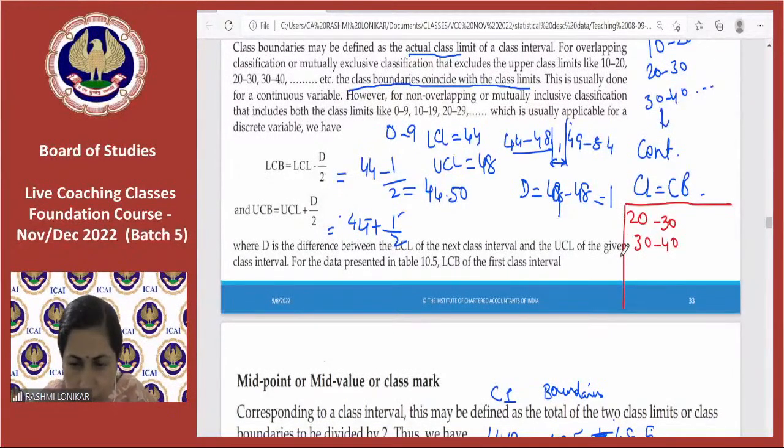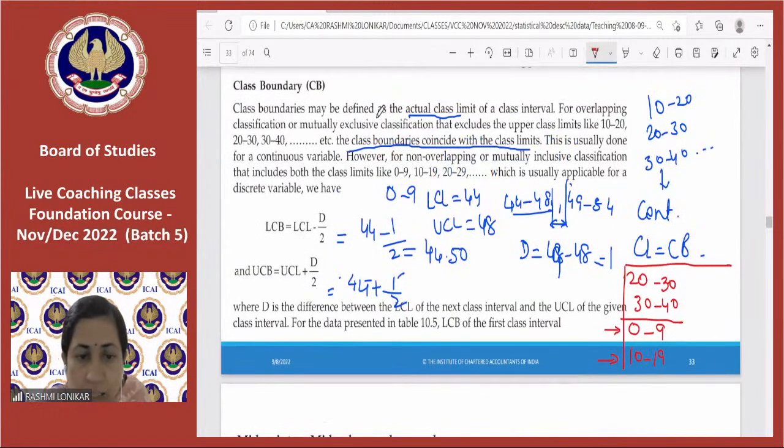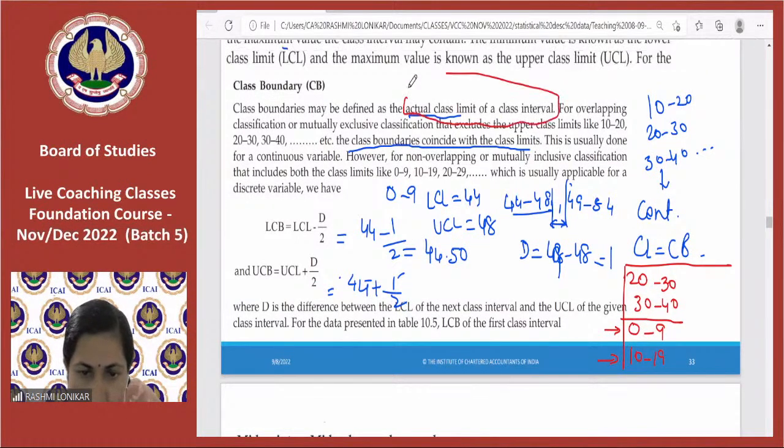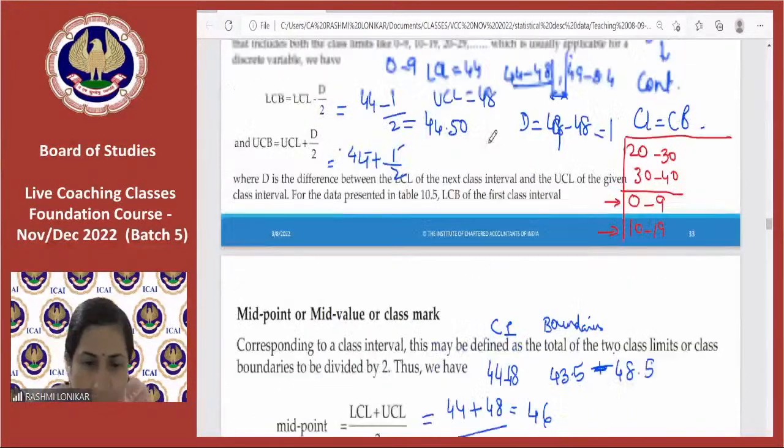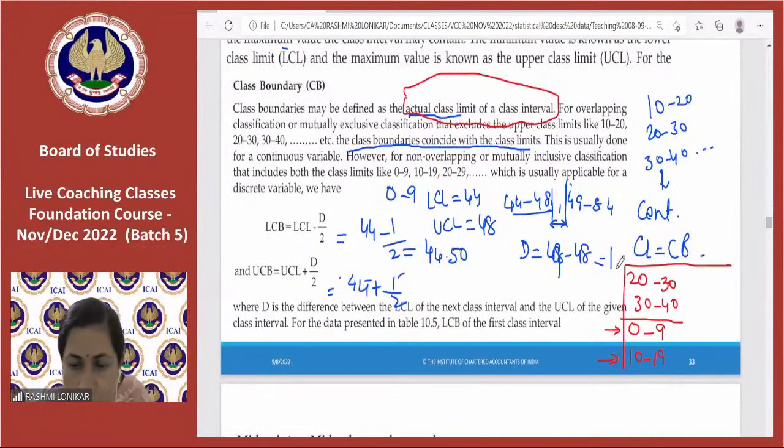But when I have class intervals such as 0 to 9, then 10 to 19, what happens when I have a figure 9.5? Should I put it in this class interval or should I put it in this class interval? So to avoid all this, we define what are called class boundaries. These are the actual class limits of a class interval. So how do I find out? What is the difference between this? What is the difference?